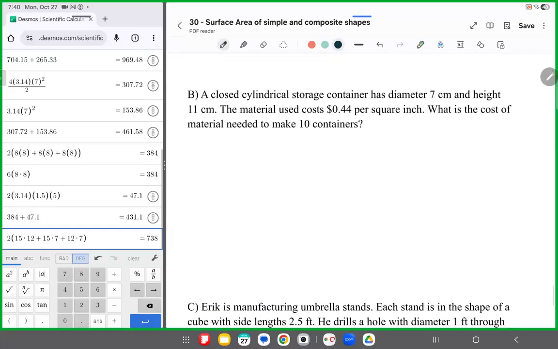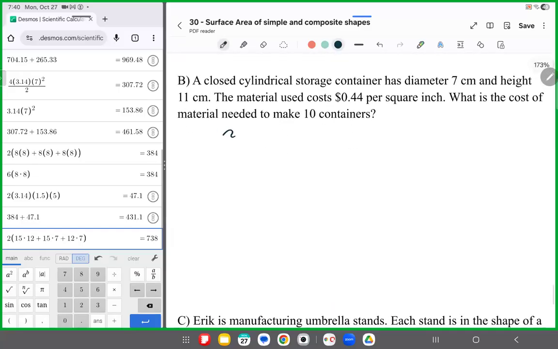So this is a multi-step problem that we need to go ahead and solve. But again, the easiest thing for this kind of question is just to draw a sketch. So a closed cylindrical storage container. So we have to draw a cylinder. There we go. Okay. So it has a height of 11, and we have a diameter of 7.